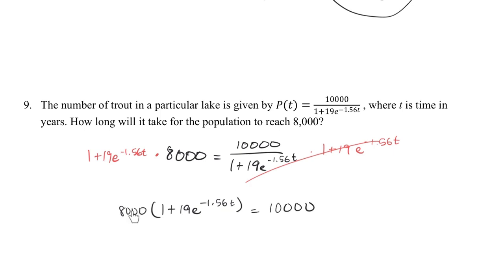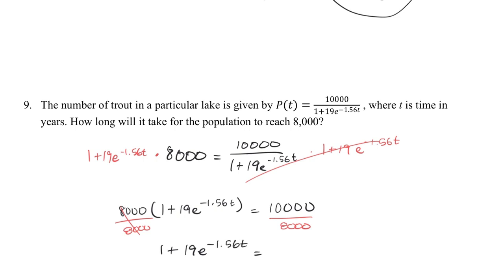So a couple things you could do here. You could distribute the 8,000 into the parenthesis, or because it's multiplying here, you could divide. I'm going to divide by 8,000. We have 1 plus 19 times the base e to the negative 1.56t.